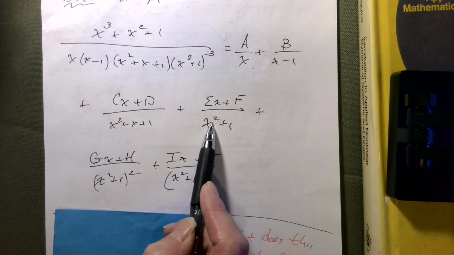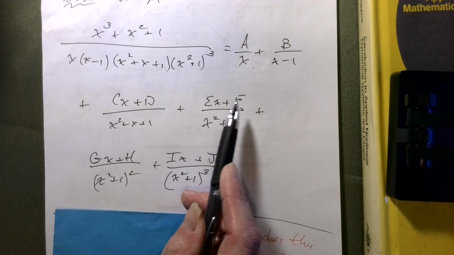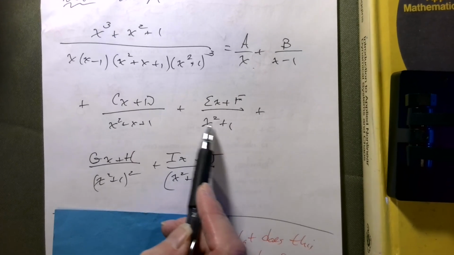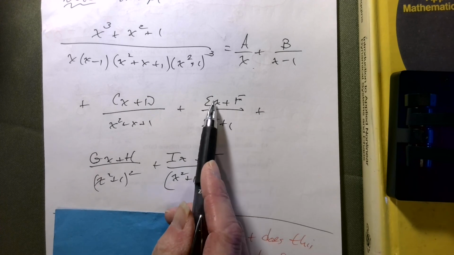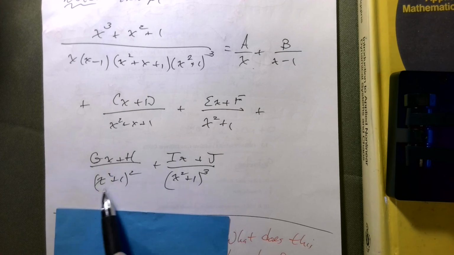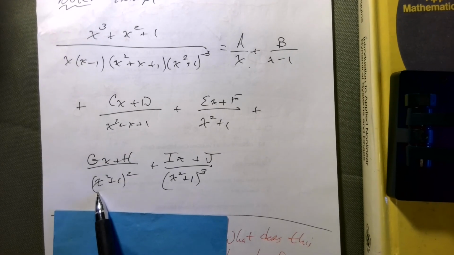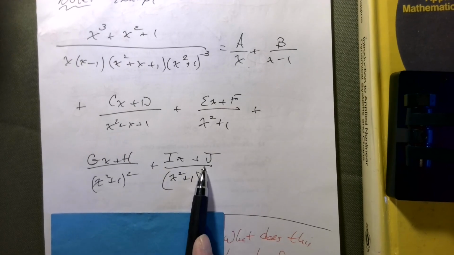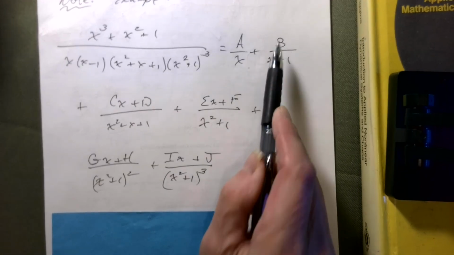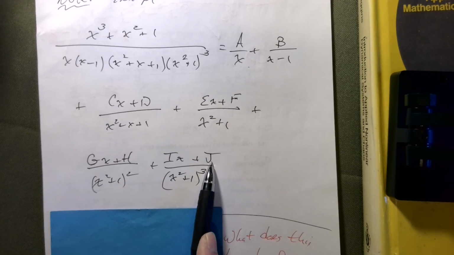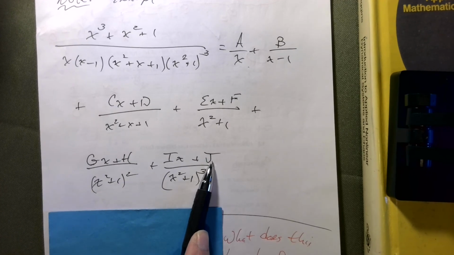And notice, because of the power of 2 here, I have to have an x and a constant. So notice that if the highest degree term in the denominator is 2, you're going to have an x to the first and a constant. And down here, you're going to have, again, it'll turn out the x plus the h, and this guy times this guy. And if we take a look, we have 1, 2, 3, 4, 5, 6, 7, 8, 9, 10 unknowns.